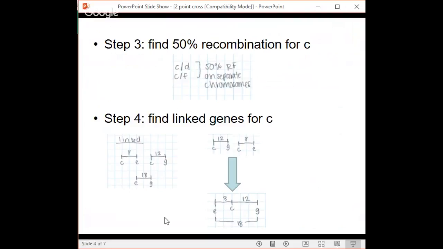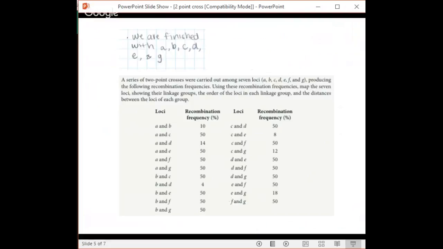So why is this 18? Sometimes if they're far apart on the chromosomes, it's just because of double crossovers, and that just happens, but you usually want to be within 5% of each other, which 20 and 18 are. So we're good there. So now let's go back to our data table and figure out what we're finished with.